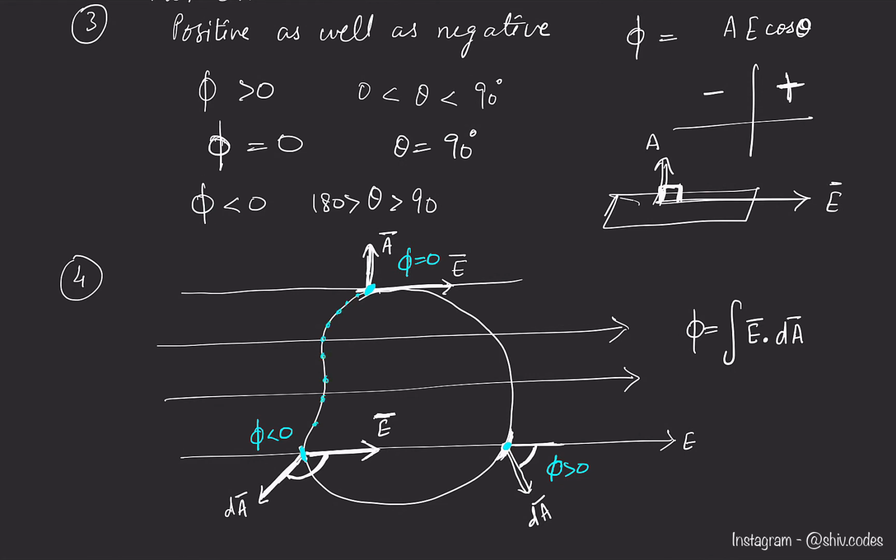We have to calculate flux for every point on the outer surface, and then add the flux at every point of the outer surface, and that would give us the net flux through a closed surface.